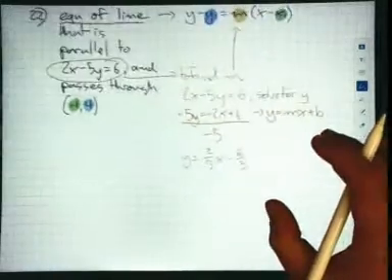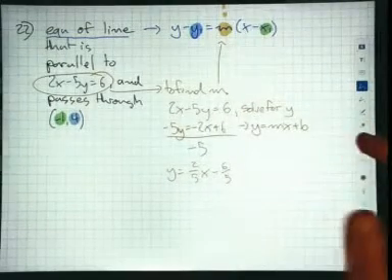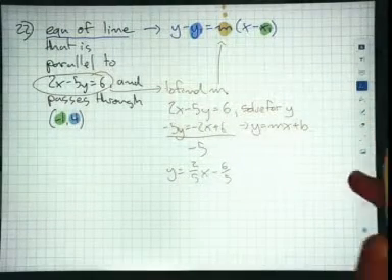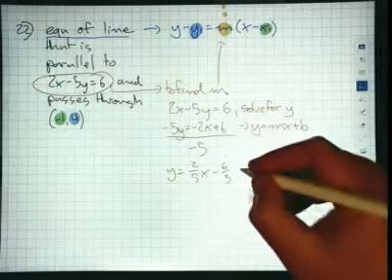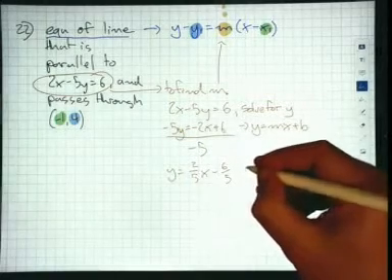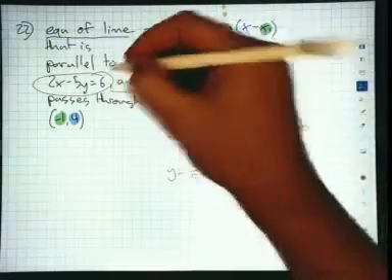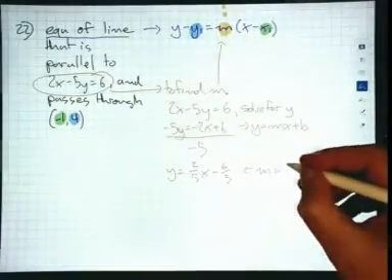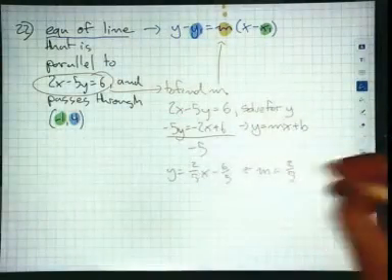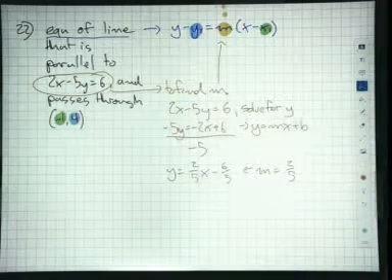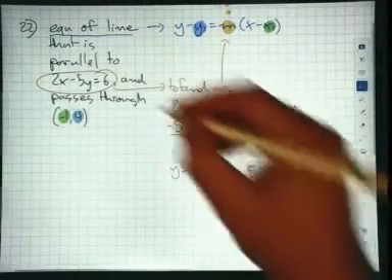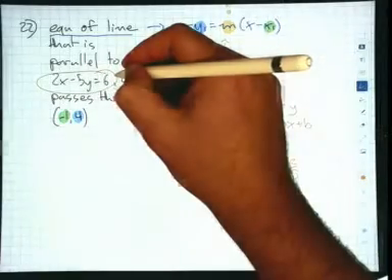Maybe I should have used a different color here rather than orange, because I don't want to confuse the situation, but what I just found was that m for this line is 2/5. That's the slope for this line.